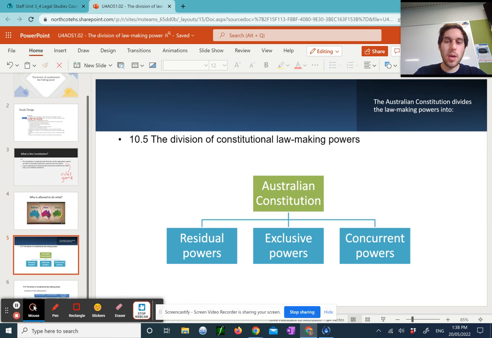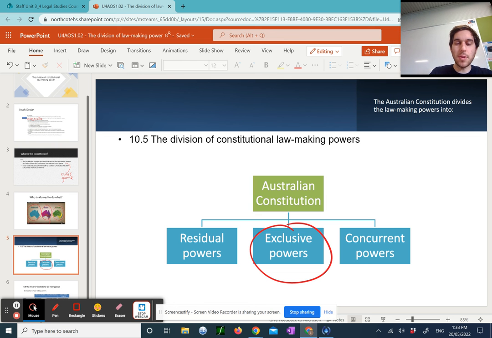And so the Constitution basically divides up the types of power that it gives to government into these three different categories. First of all, I'll start with the exclusive powers. It's called exclusive powers because these are the powers that we give exclusively, or just, to the Commonwealth government. So the federal government gets these powers.